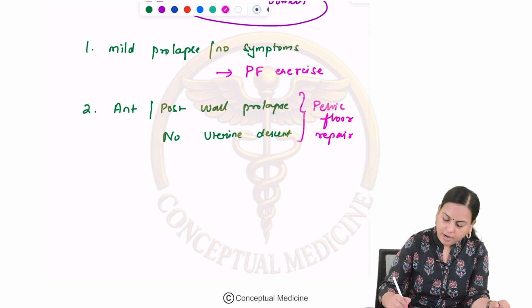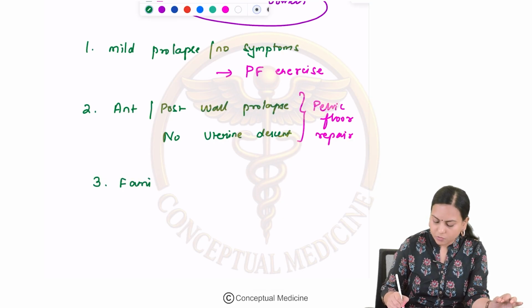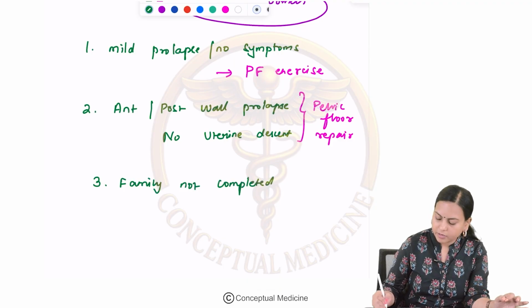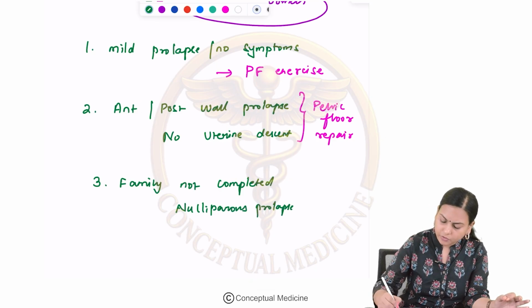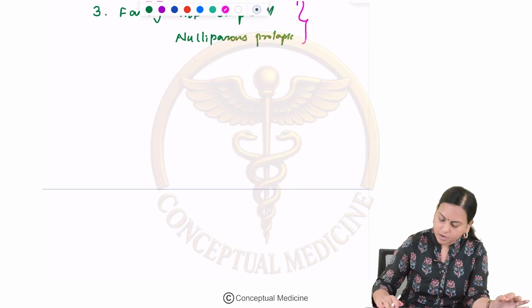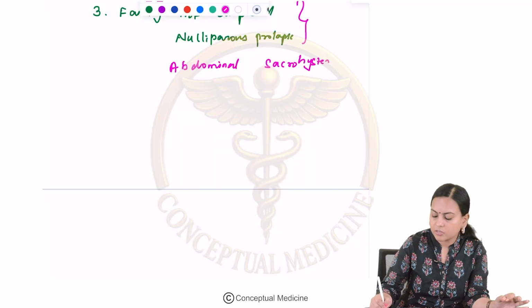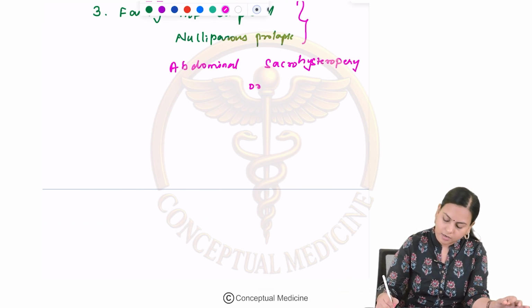And in the third category of women, who say their family is not completed, or she is a case of nulliparous prolapse, you can offer her abdominal sacrohysteropexy or a sling operation.